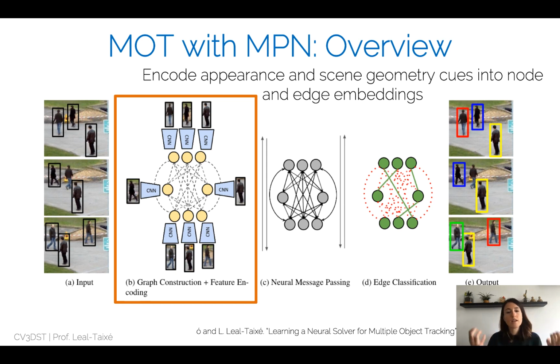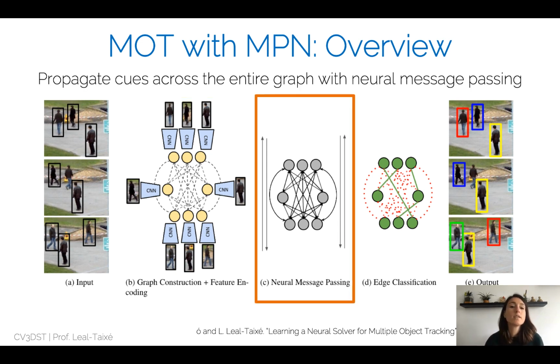So once we have created this graph, once we have decided what is going to be the initial embeddings for the nodes and for the edges, we do a series of message passing steps. And as we have seen, these message passing steps essentially means that nodes communicate with edges, edges communicate with nodes, and essentially all of the information of the different bounding boxes, the different detections, is propagated across the entire graph.